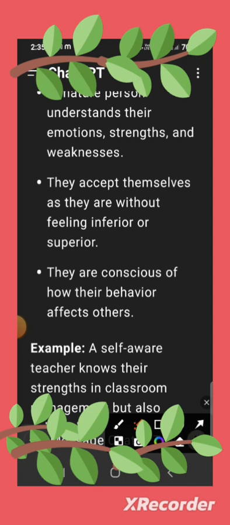They accept themselves as they are without feeling inferior or superior. They are conscious of how their behavior affects others. Example: a self-aware teacher knows their strength in classroom management but also acknowledges areas where they need improvement.